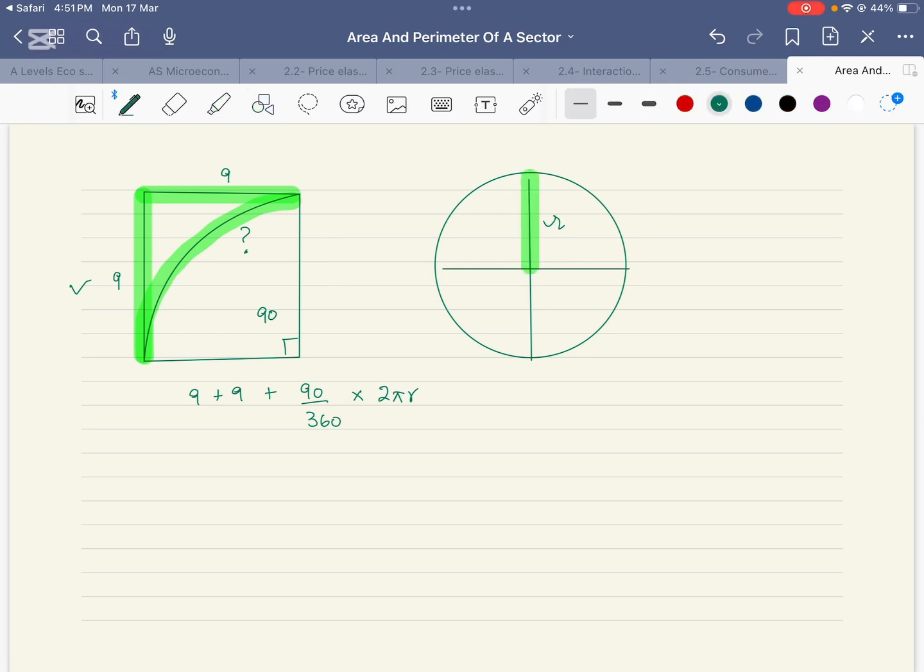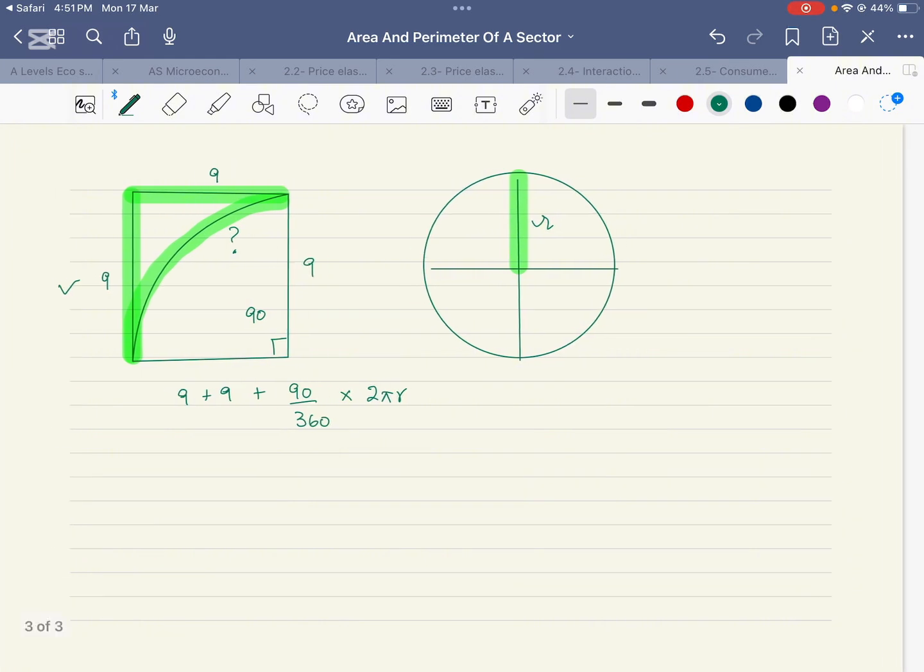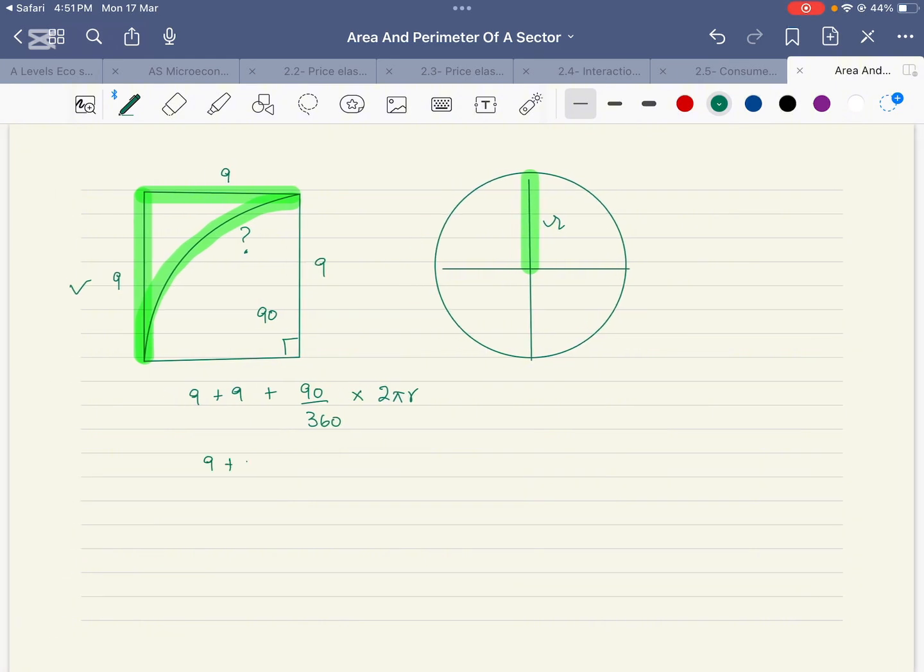So radius is 9 in this case. Radius is also 9 in this case. So this is 9 plus 9 plus 90 upon 360 is 1 upon 4. This 4 and this is 2, sorry 1 and 2, and radius is 9. So we have 18 plus 18 pi. You have to put in the value of pi and use a calculator. The answer will be whatever the answer is. After using the calculator, the answer will be in decimals or something, right?